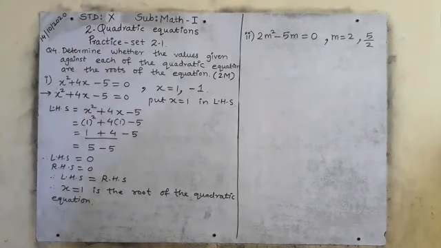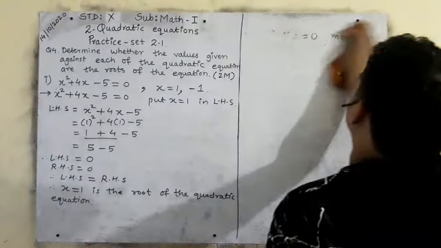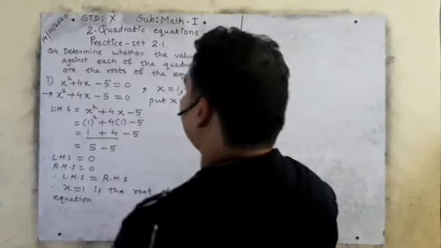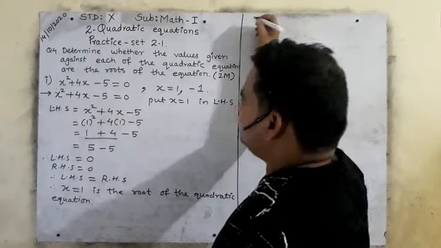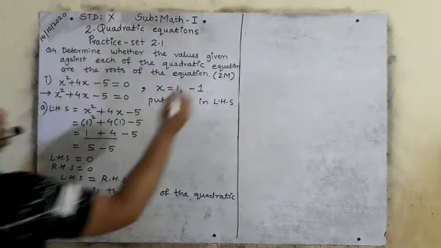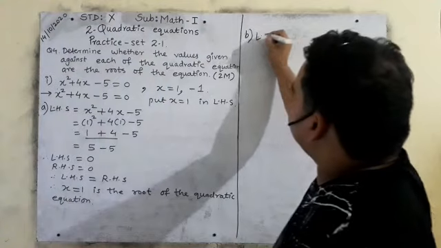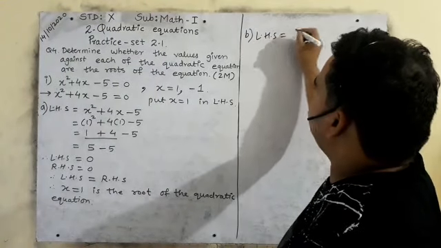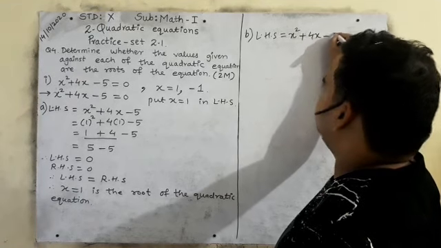I will erase this. I will write again LHS. This was my first condition, and then I will solve the second one, that is B. I will write LHS is equal to x square plus 4x minus 5.